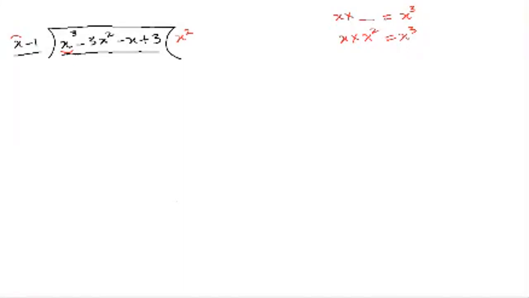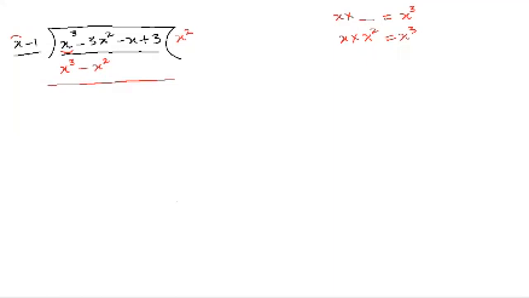First I multiply x square by x, I get x cube, and then I multiply x square by minus 1. So I get minus x square. All right. Now leave some gap, draw a line, and change the sign like you normally do in the division.